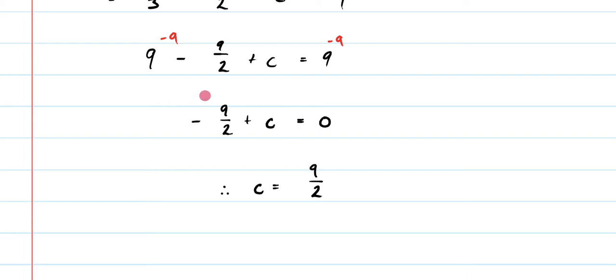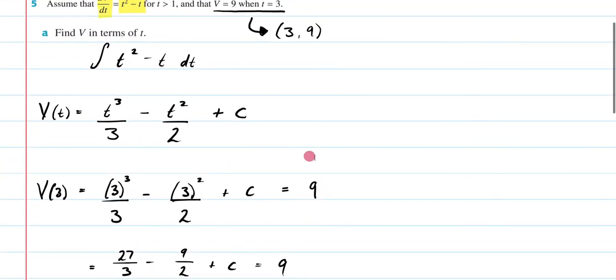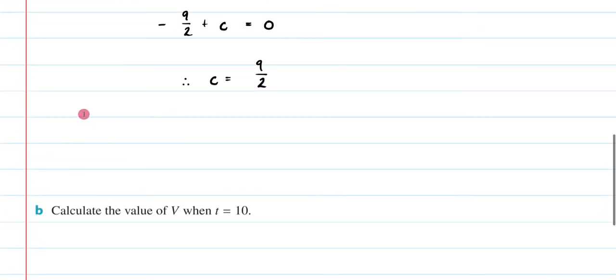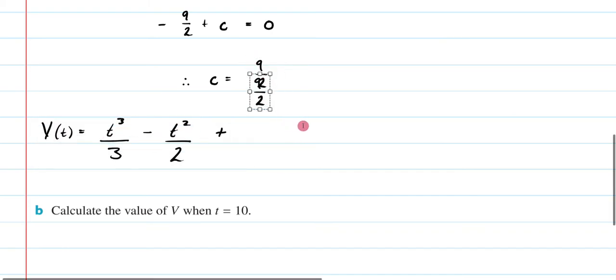So that means now I can come up to what I solved before. Copy, paste. This c is going to be 9 over 2. Let me put this there. And that is our answer to a.